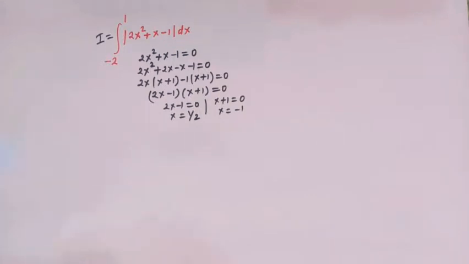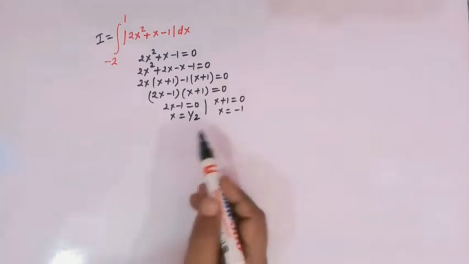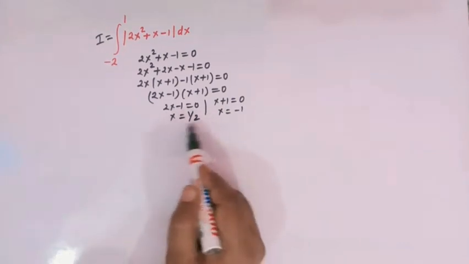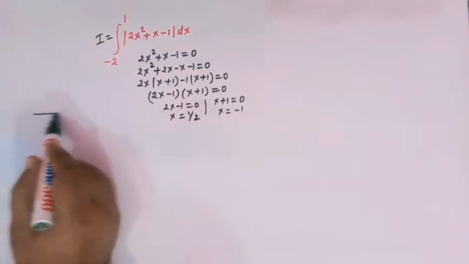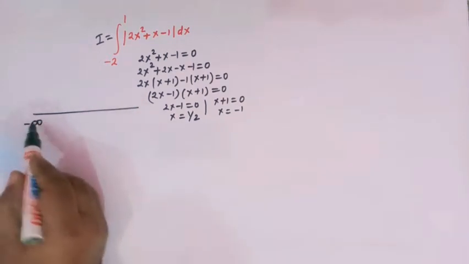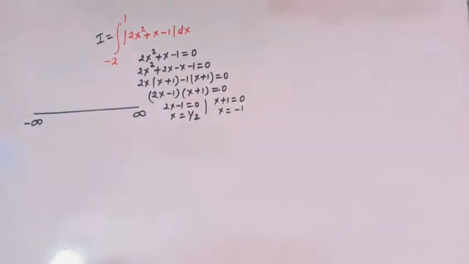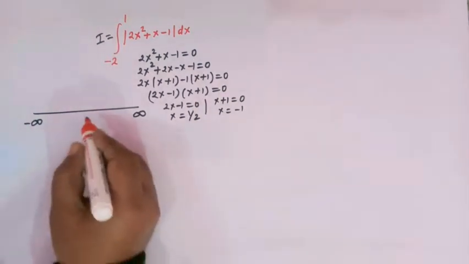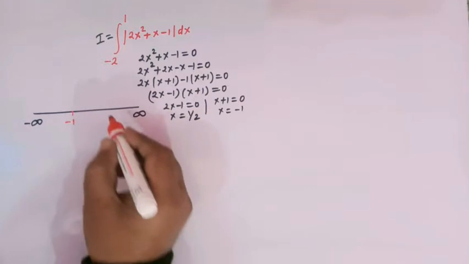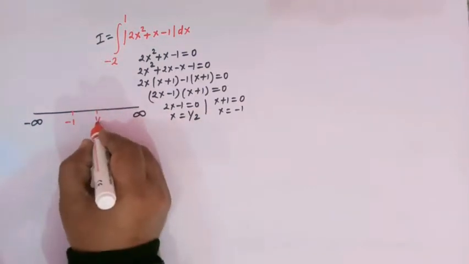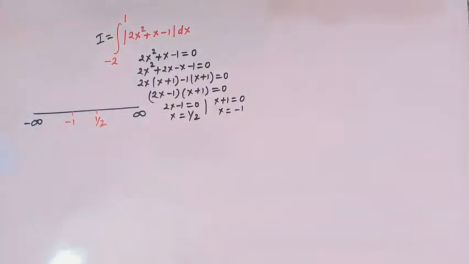So now we can represent these two points on the number line. Here we have minus infinity, here we have infinity, and we mark these points: −1 here, and 1/2 here.